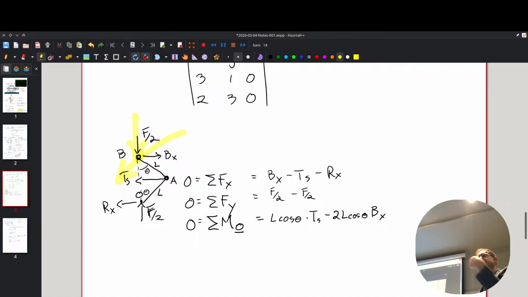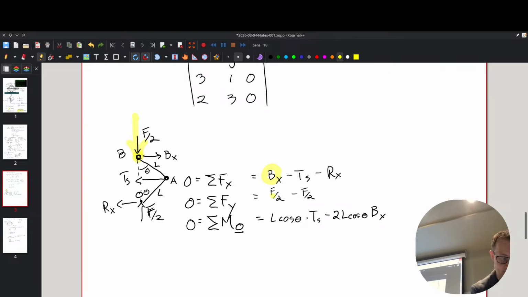So there's got to be something supporting it. Same thing here, this one is going to want to fling up that way. So there's got to be something keeping it there. It's not that it can't be 0, but in general we have to say we put a pin there, that pin is creating 2 forces on it.